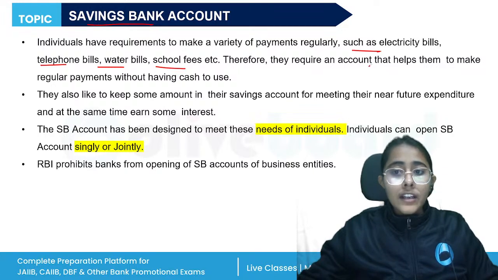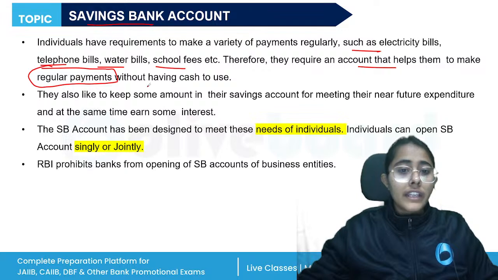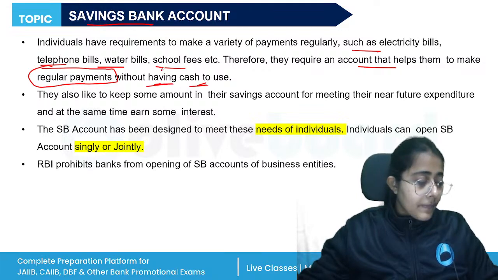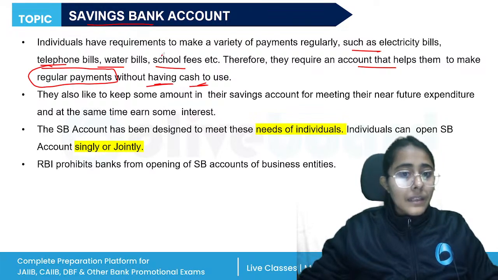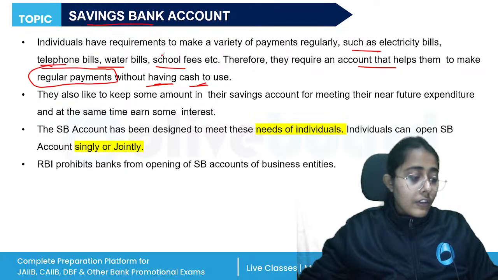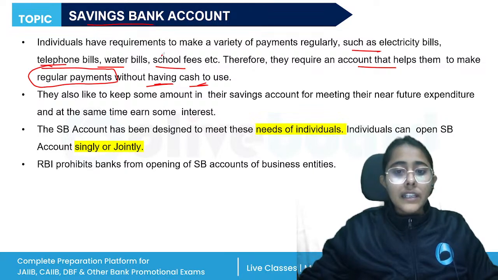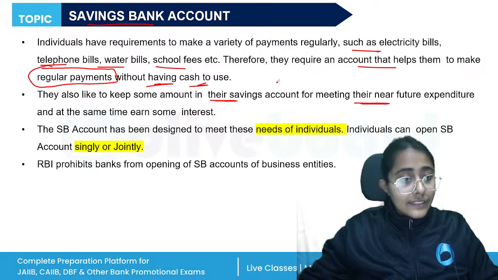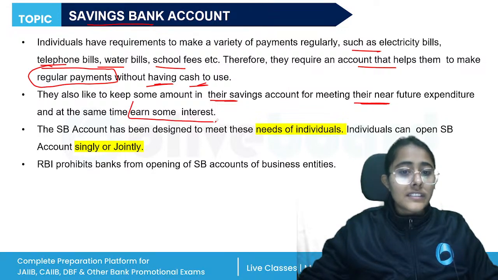Therefore, they require an account that helps them to make regular payments without having cash to use. Also, to create the savings habit among individuals, they would like to keep some amount in their savings account for meeting their near future expenditure. And another advantage is that at the same time they can earn some interest as well.